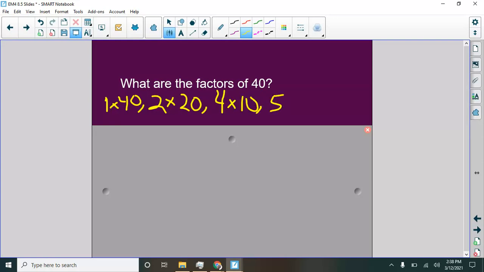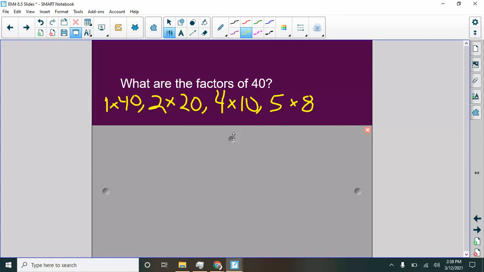If I count by 5s, 5, 10, 15, 20, 25, 30, 35, 40, that was 8. 6, let's see. 6 times 6 is 36. 6 times 7 is 42, so that doesn't work. 7, it's not in the 7 song. And 8 works, but it's already on the list, so I'm done. These are the factors of 40.